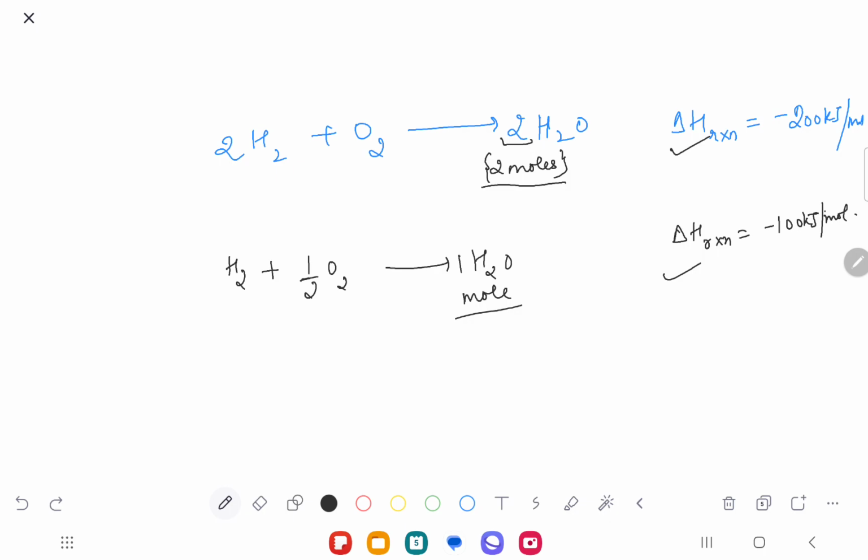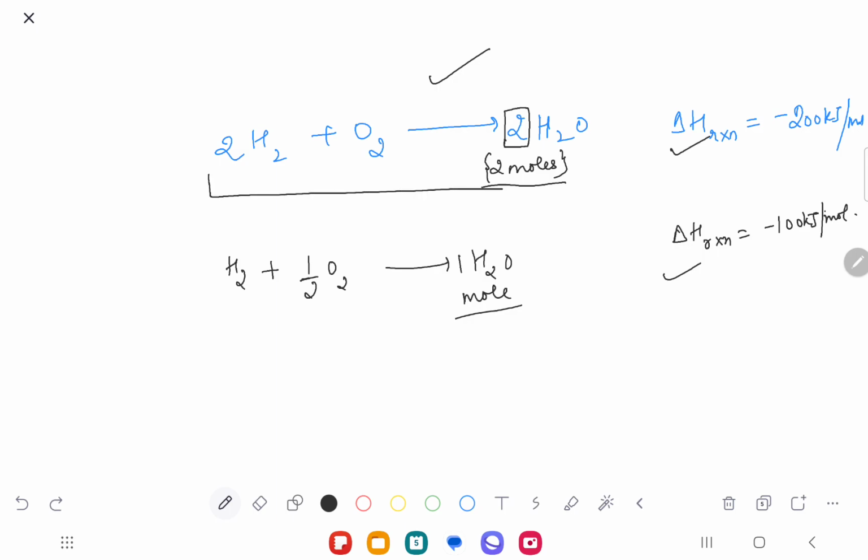Are you understanding? And when 2 moles of H2O are being formed, what does that mean? You tell me. That this reaction definitely is a correct reaction. This reaction definitely has H2O being formed. But according to the definition of heat of formation, 1 mole of H2O should be formed.